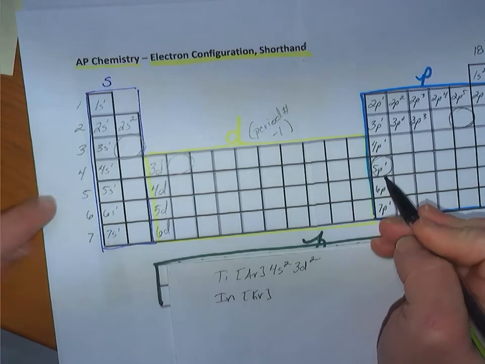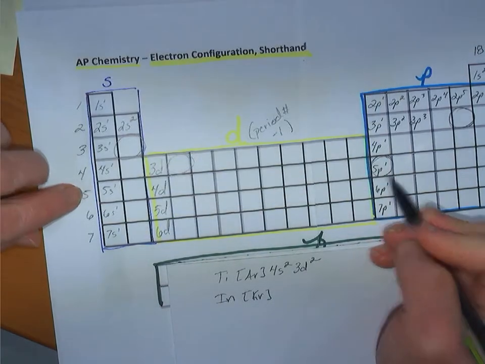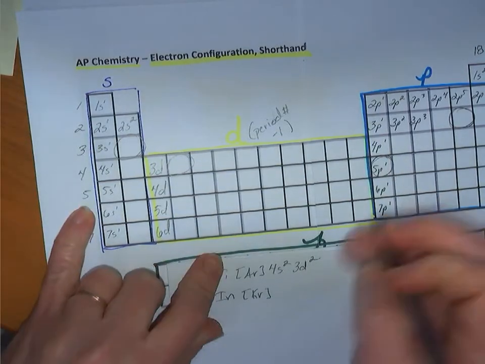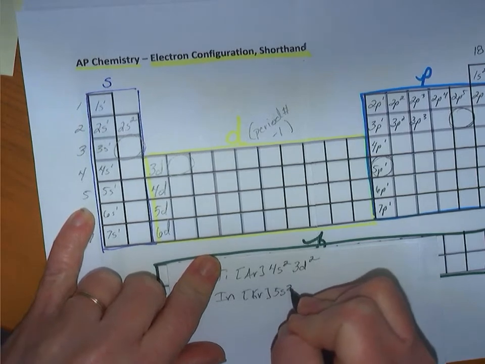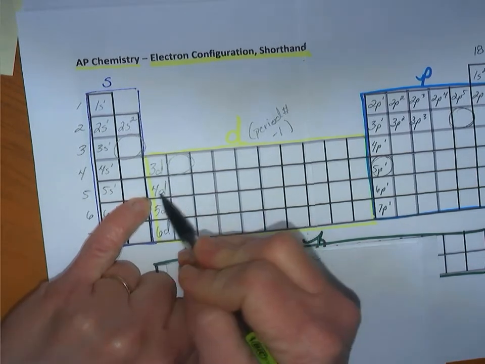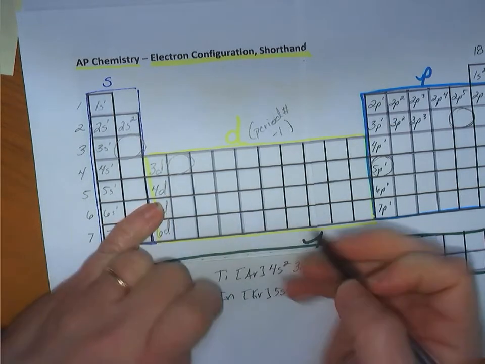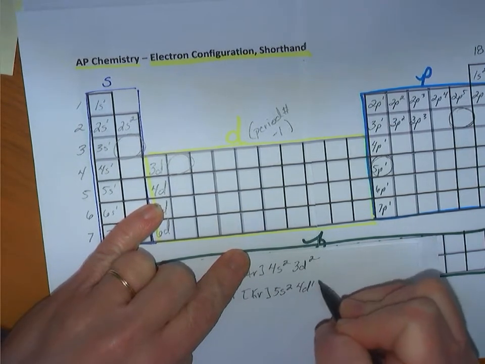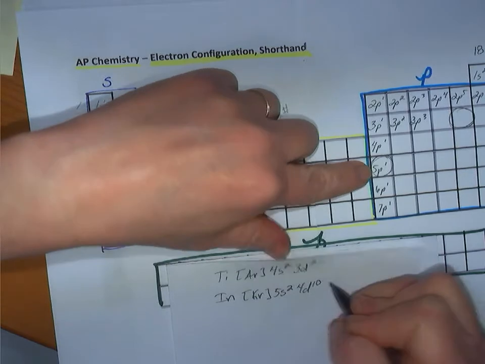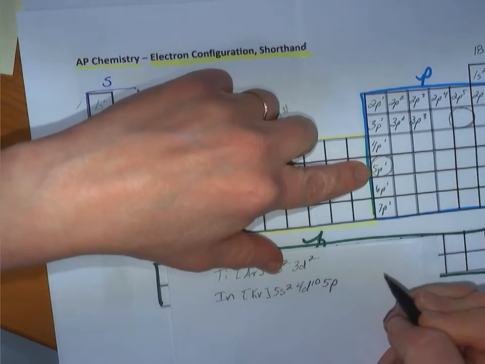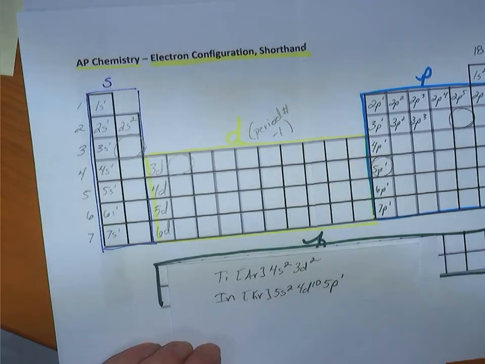All right, then I begin working my way over. So first to the S block, same as the period number. Then to the D, I need all 10, but it's the period number minus 1, so 4d10. Then I go back to the period number for P, and it's the first position, so 5p1.